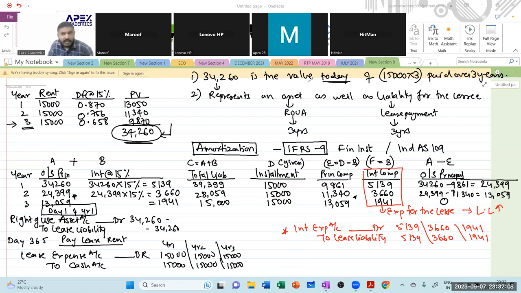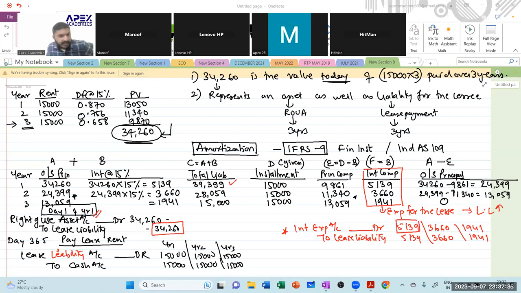Now to stay attuned with accounting, I am going to change this word with the word lease liability. Please understand that your lease liability at the beginning of year 1, which continues to be the end, was 34,260 plus 5,139.